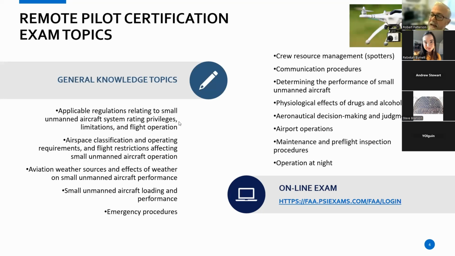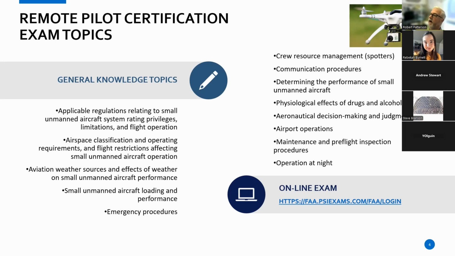The certification exam will cover these topics relating to small unmanned aircraft systems: limitations, flight operation, learning about your airspace classifications and restrictions, how to deal with weather, small unmanned aircraft loading and performance, emergency procedures, and crew resource management, because sometimes you'll need spotters out there if you're doing large portions of land at one time.